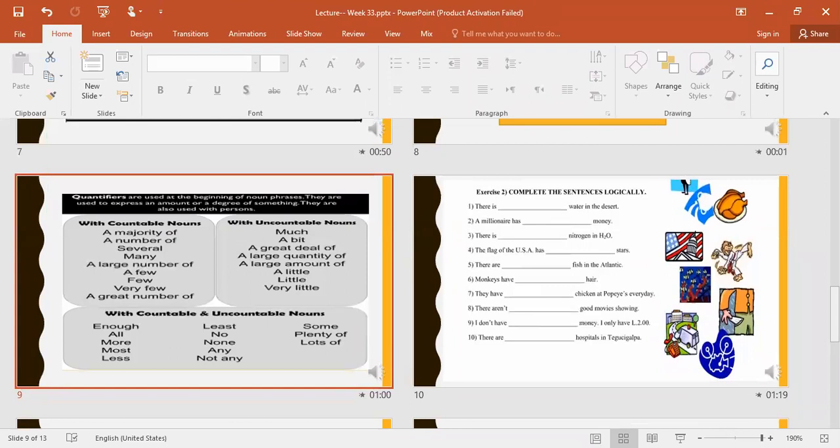You have these quantifiers here, so you have to fill in the blanks with some of these quantifiers, but logically. The first thing you have to do is look at the noun in the sentence. If it's countable, then look at this box. If it's uncountable, you have to look at this box. And if you feel that we can use both, then you have to look at this box. I will give you 2 minutes and then we start solving it together. Go ahead.